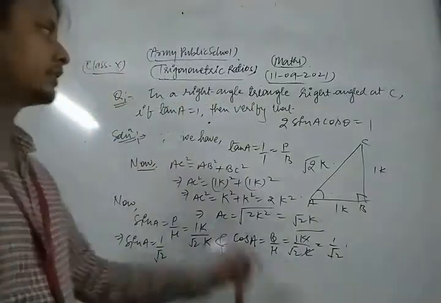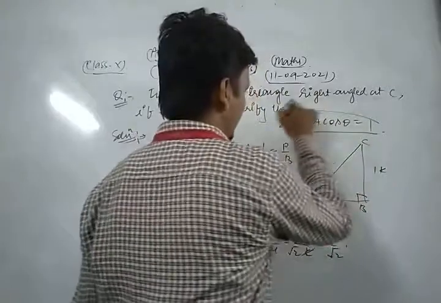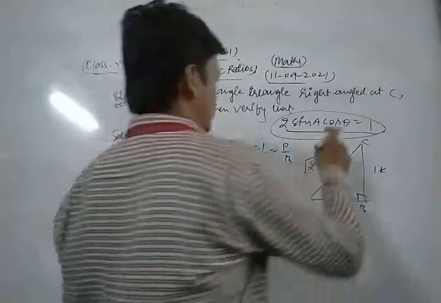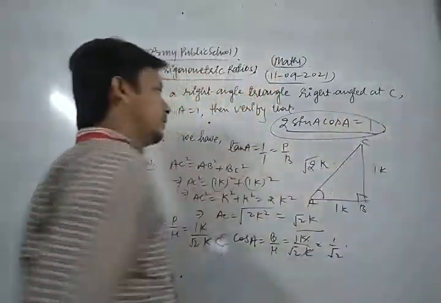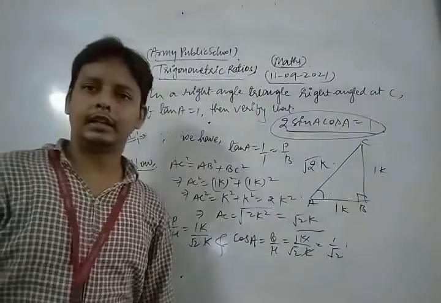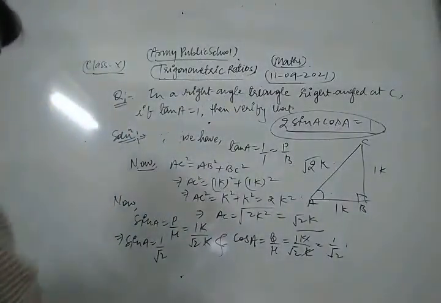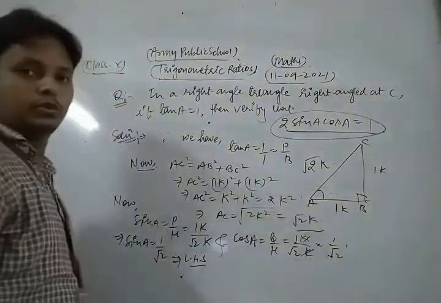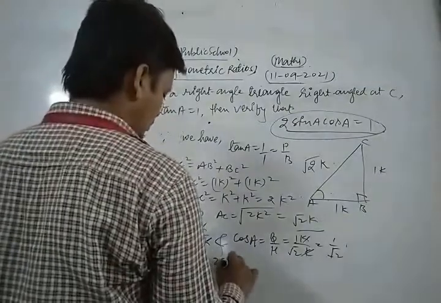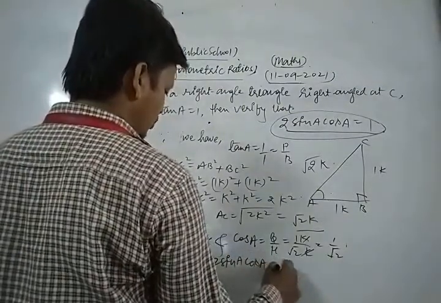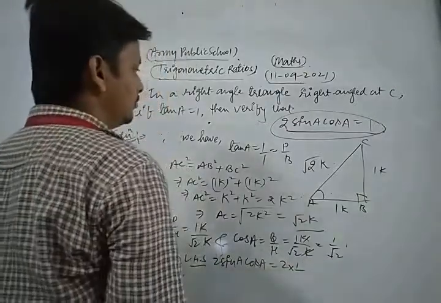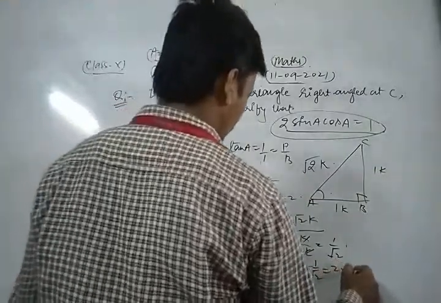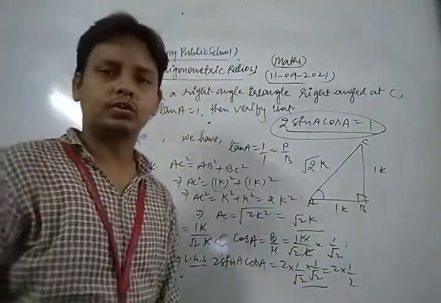Now we just verify that 2 sin A into cos A is equal to 1. Now we take the left hand side, LHS, which is 2 into sin A into cos A. So we get 2 into 1 upon under root 2 into 1 upon under root 2, that is 2 upon 2, because under root 2 into under root 2 is 2.